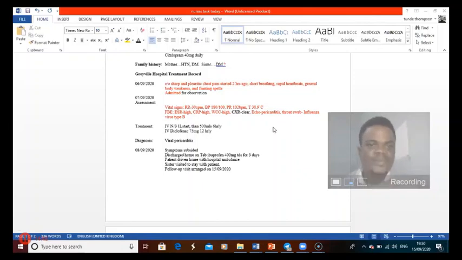Okay, but if you go a little bit further, you will see that this patient's symptoms subsided and was discharged home on these drugs. So if they made any mistake, do you think this patient would be discharged home? No, I'm just talking generally when it comes to dosages. Well, most times, to be honest with you, all those dosages, when it comes to writing, especially to a doctor, are irrelevant. So here now, this patient was actually treated. If I'm even writing this, I will not be saying patient was placed on normal saline this, that.